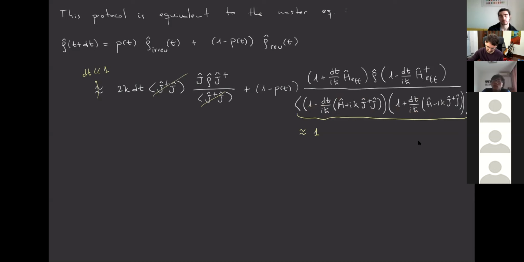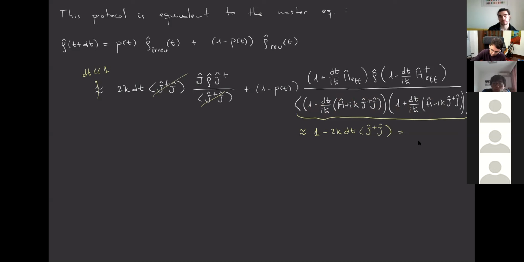But you see that the Hamiltonian term goes away, because it has a minus here and a plus there, while the non-Hermitian part, the imaginary part, remains because we have minus i and minus i. So in total, this thing in here is just 1 minus 2 kappa dt expectation value of j dagger j.